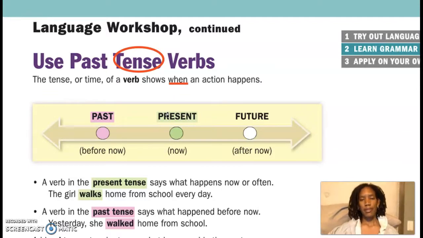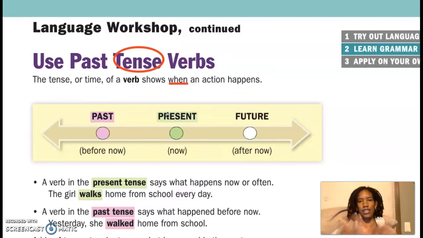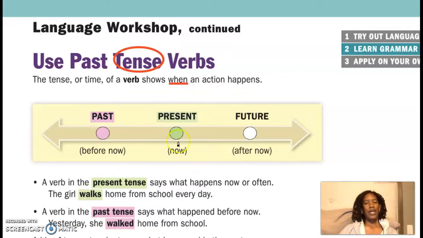And often means something that happens a lot, again and again, something that happens every day, every year. Present. Now, you also have the past. Past is something that happens before the present. It's like last night, yesterday, last year, last week. It's in the past. It's before the present.